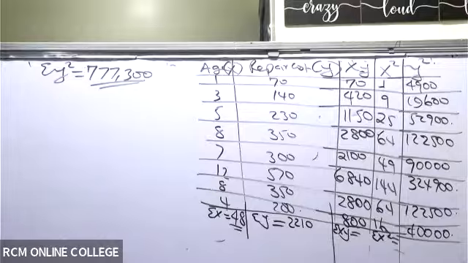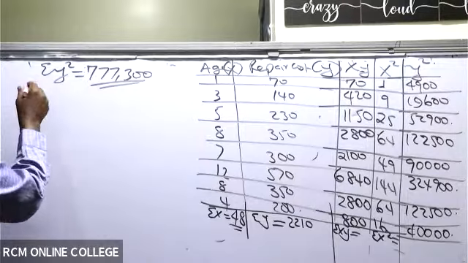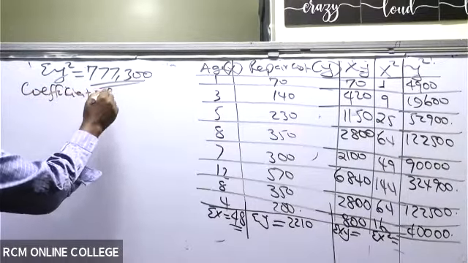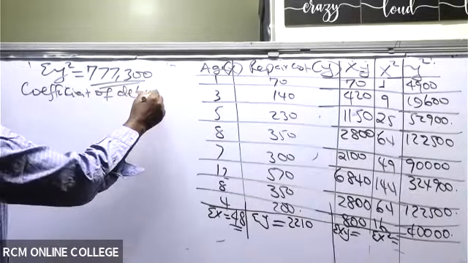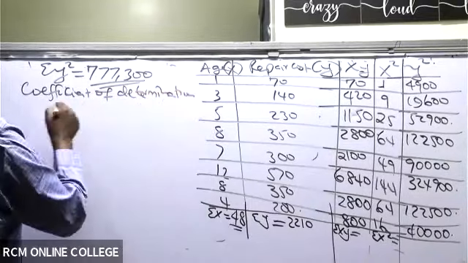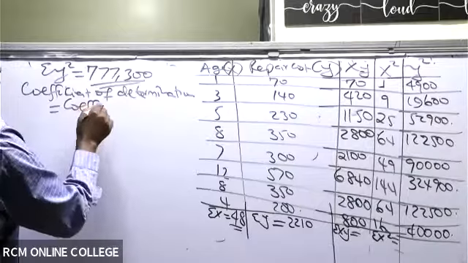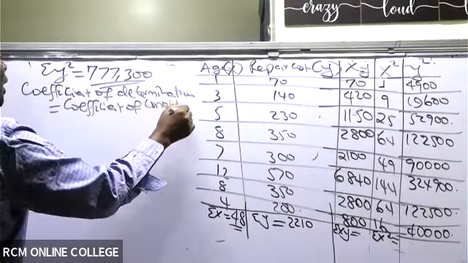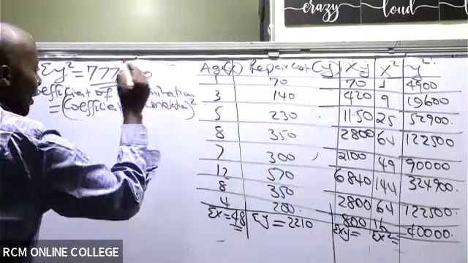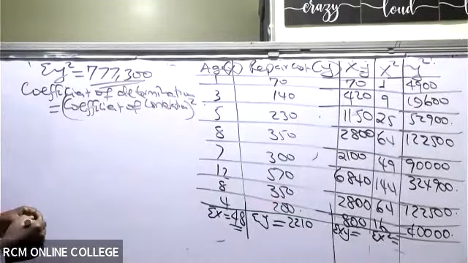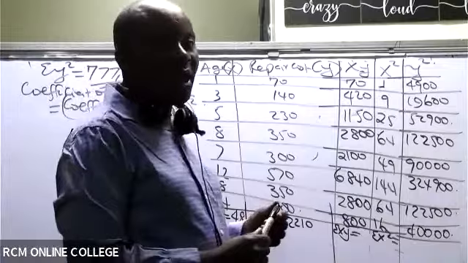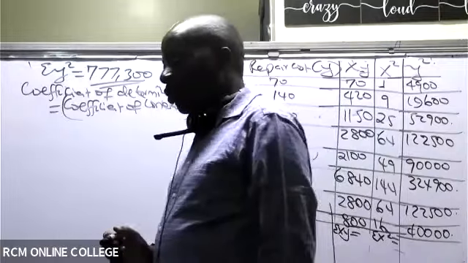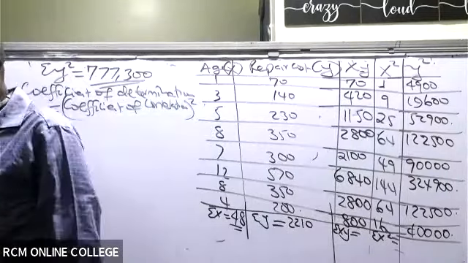So now remember the easiest way of you getting coefficient of determination: coefficient of determination equals coefficient of correlation squared.